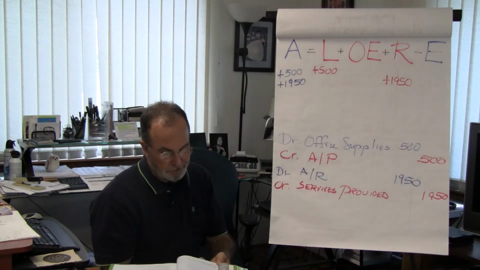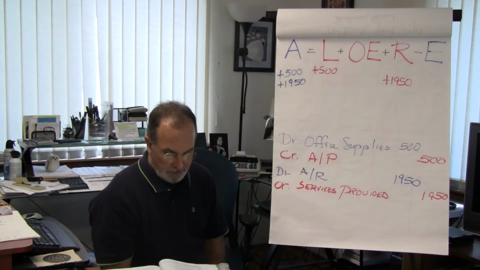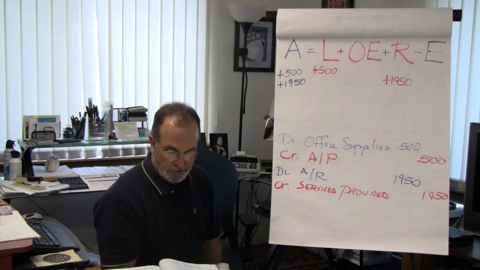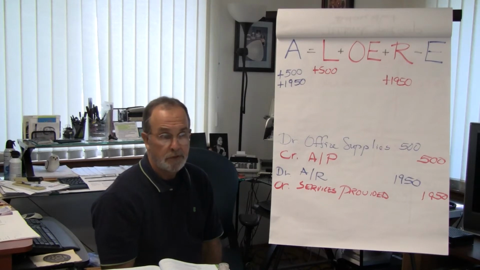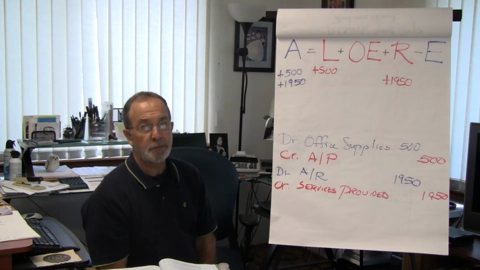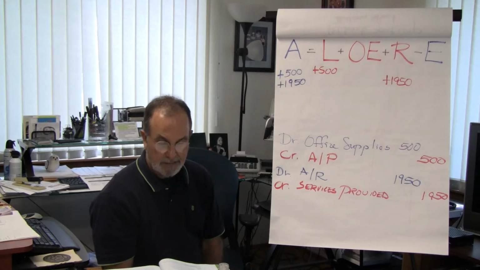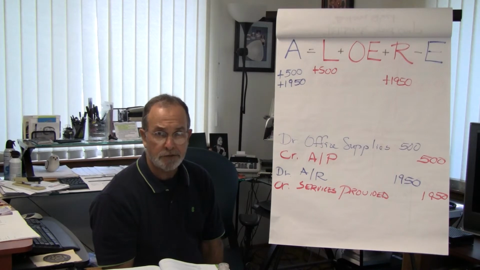Okay, transaction 3 on April 8th, paid $250 for supplies purchased and recorded on account last period. So in this transaction, we already recorded this purchase of supplies last period. So we already did the purchase in March.